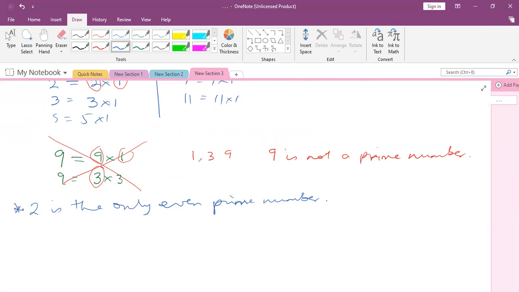Now, the opposite of prime number is a composite number, what we call a composite number.